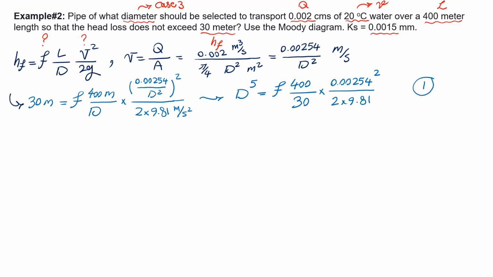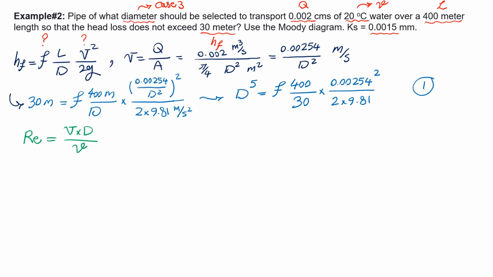So now I need to guess a value for f, but this guess is a true wild guess. Why? Because I do not have the value of Reynolds number. How come? Reynolds number is velocity times diameter divided by kinematic viscosity, right? And I do not have diameter, and I do not have velocity because velocity is a function of diameter as well.